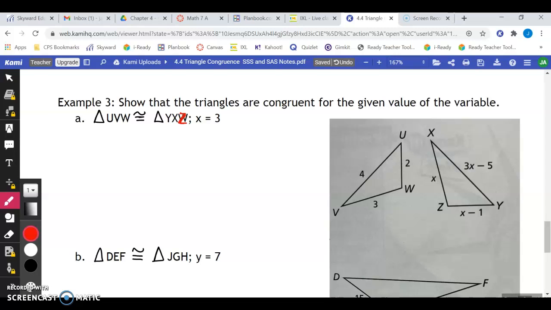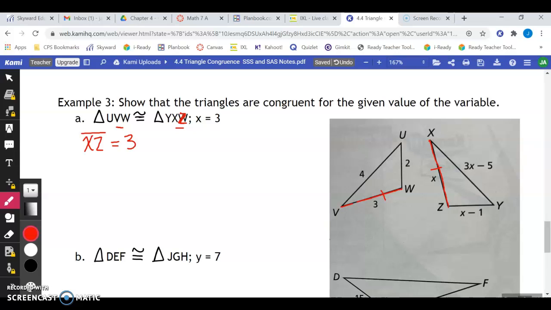So if we look at the congruent statement that we gave, VW is the last two, and XZ are the last two in the other one. So these two segments are congruent. So x is 3. So segment XZ is equal to 3.